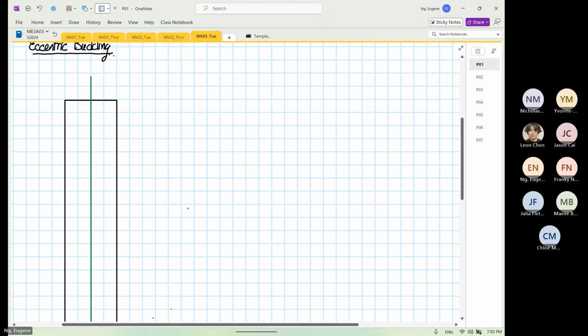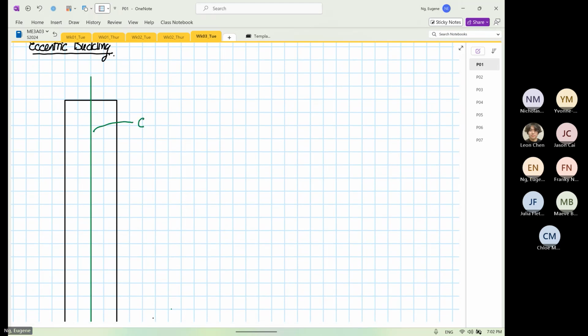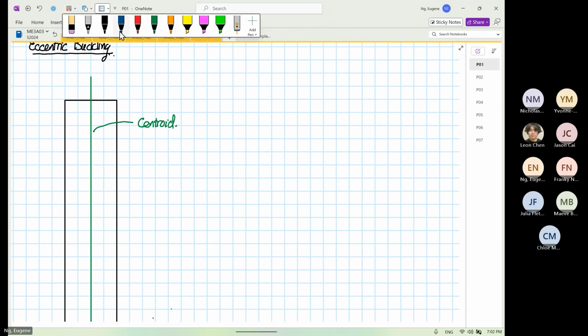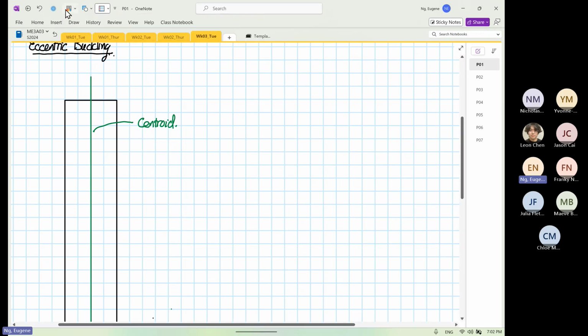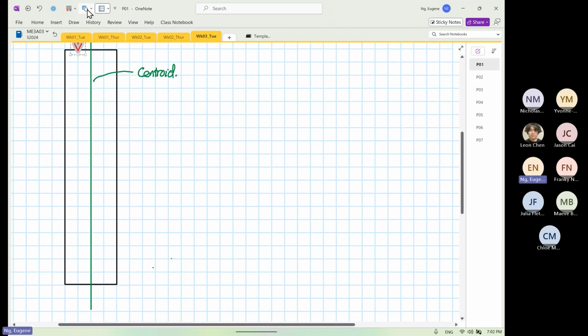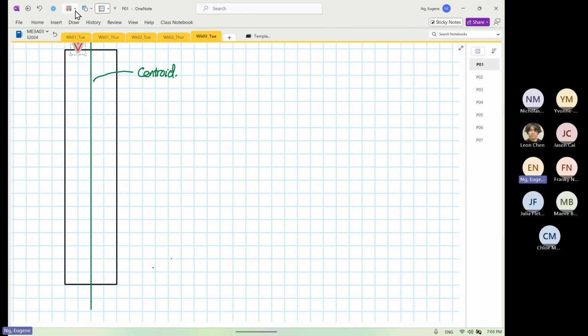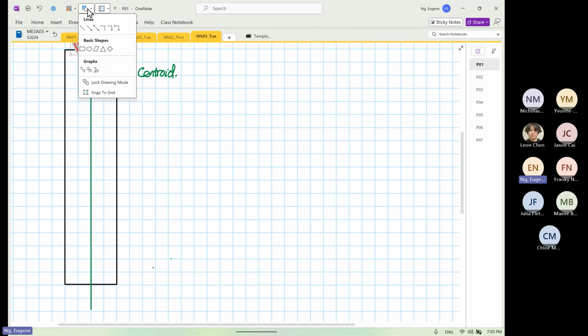This is our centroid. And then we have an applied load, offset from the centroid. We have one load applied here, and then we have a couple on the other side.